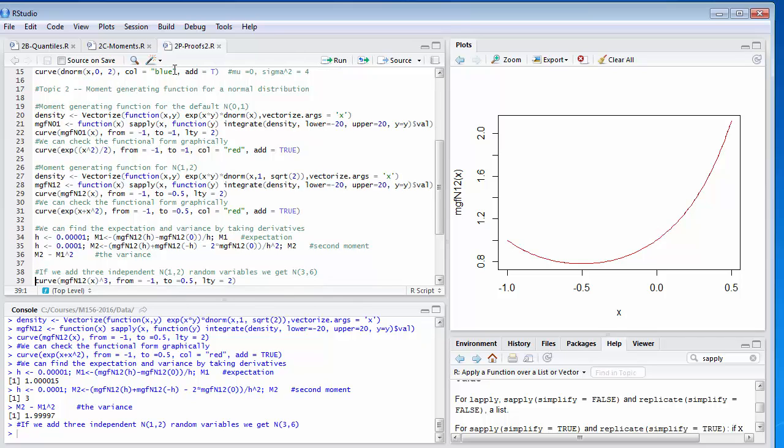Now the really important result is that if you add together independent random variables, you multiply their moment generating functions. So if I add together 3 independent random variables with a mean of 1 and a standard deviation of 2, I should get a mean of 3 and a standard deviation of square root of 12.